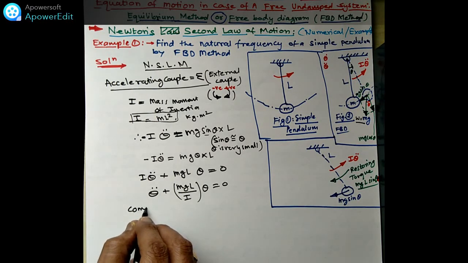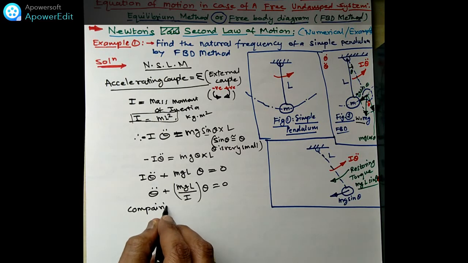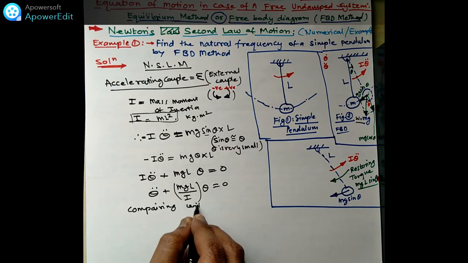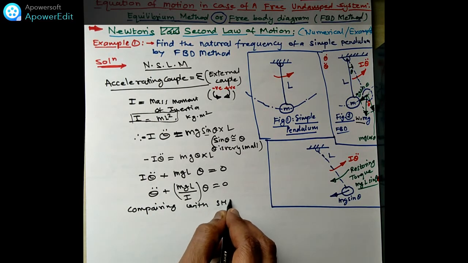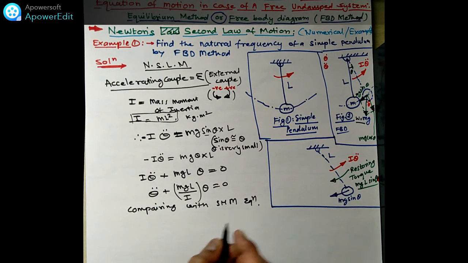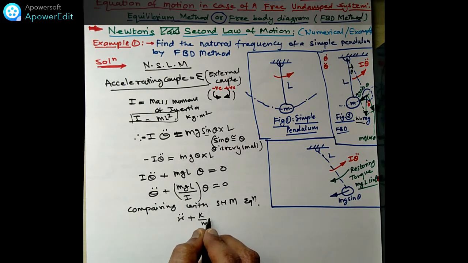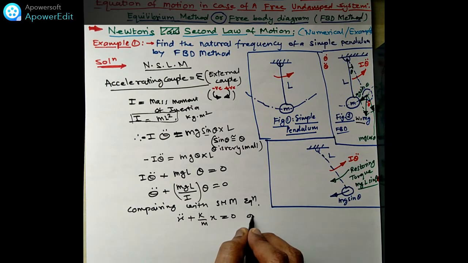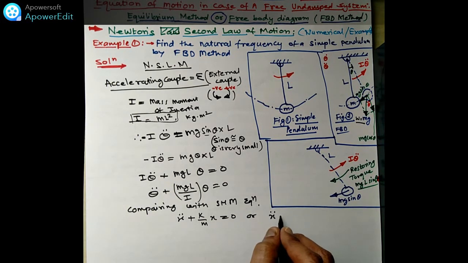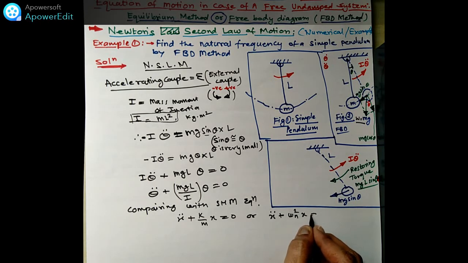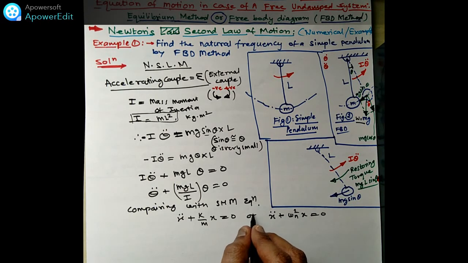Comparing with the SHM equation. What is the SHM equation we have already studied? X double dot plus k by m into x is equal to 0, or we can write x double dot plus omega n square x is equal to 0. These two are the equations for SHM.